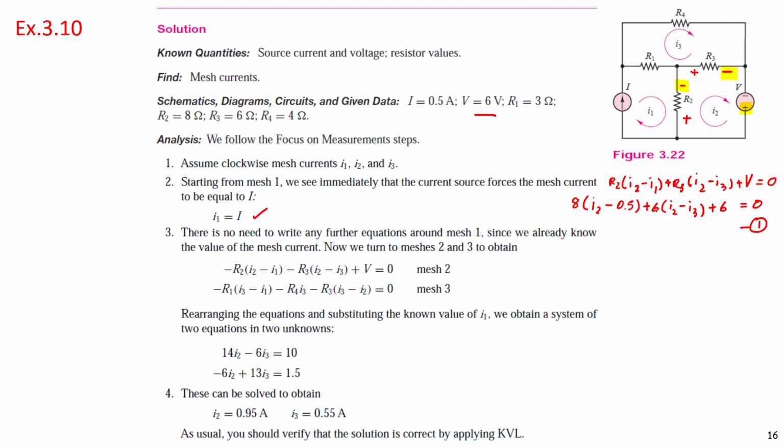You just rearrange this because we have two unknowns in this equation, I2 and I3.